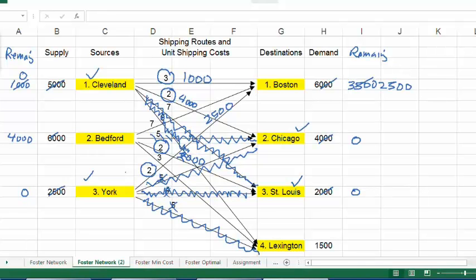Like this other 3 here, that's still available, right? So we're going to go with this one, 3. So Bedford to Lexington. How many should we send? Right, 1,500 from Bedford to Lexington. So now that's going to be done.